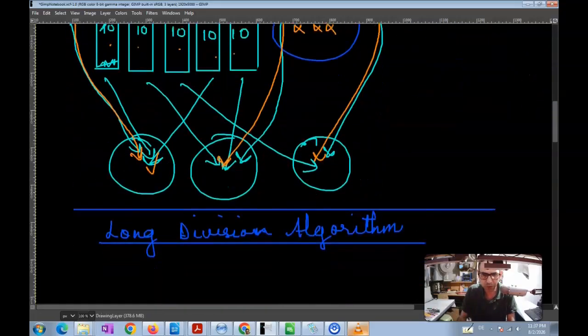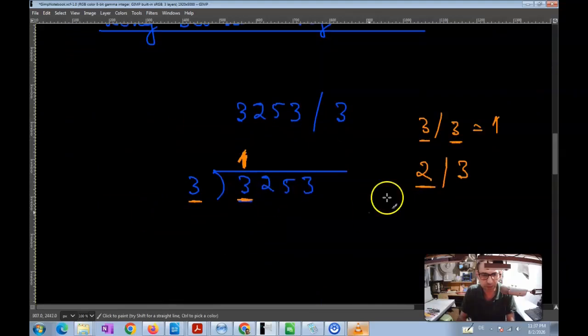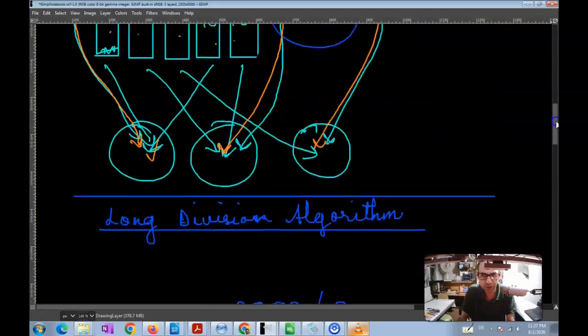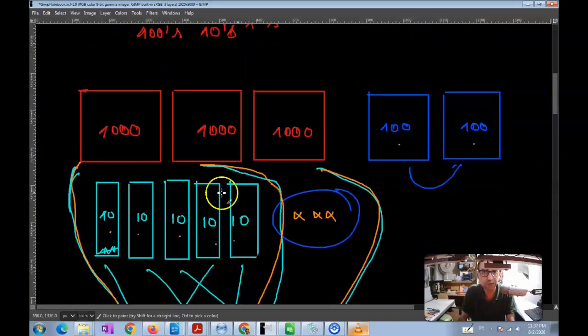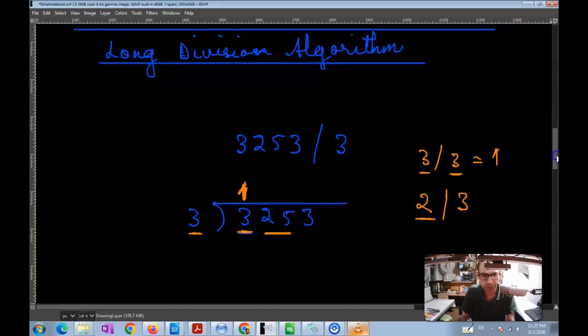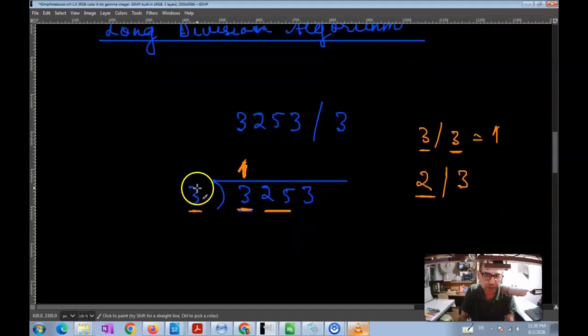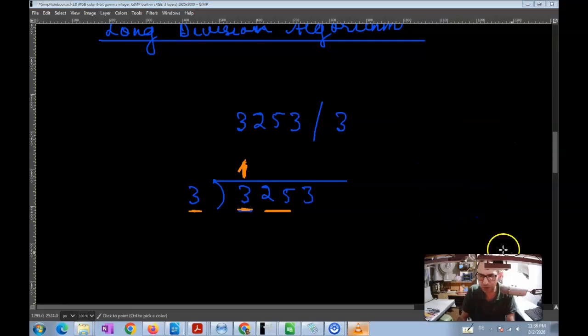So in the long division algorithm, I'll now consider these two digits together, which is the number 25, which means 25 groups of 10, right? So now I can ask the same question again, and now I can answer it: 3 goes into 25 how many times, which means what is 25 divided by 3.